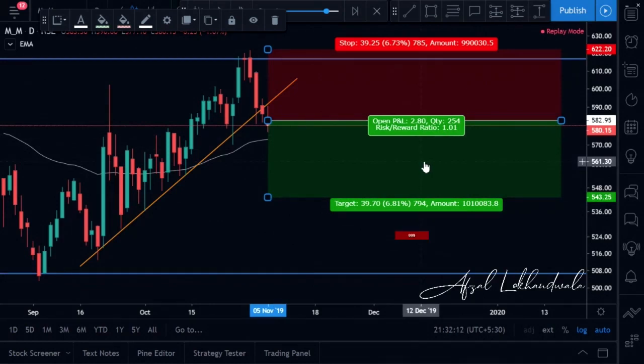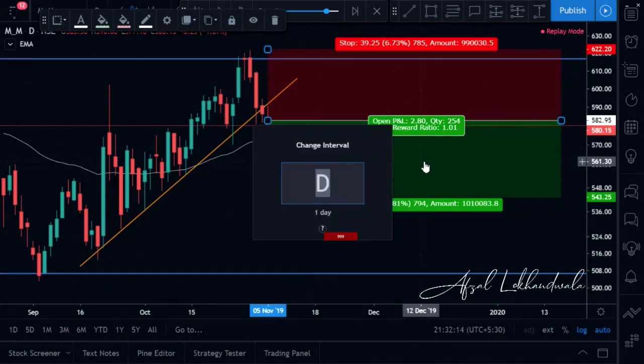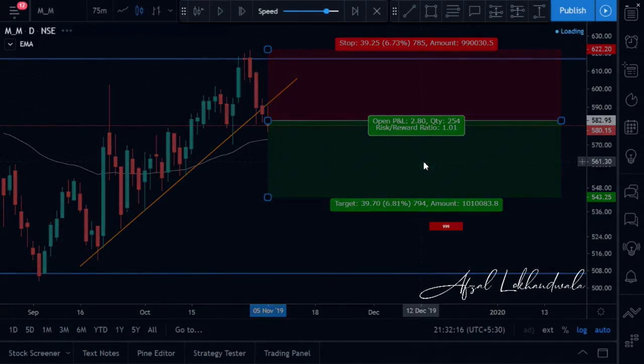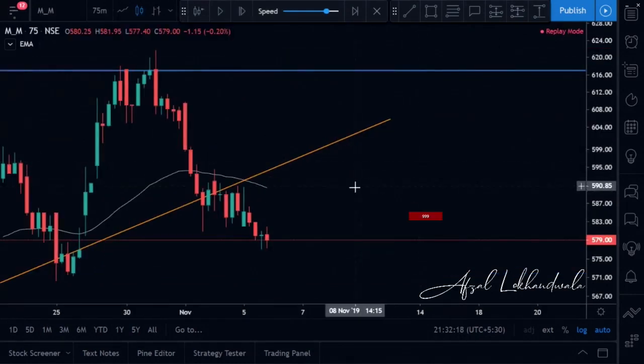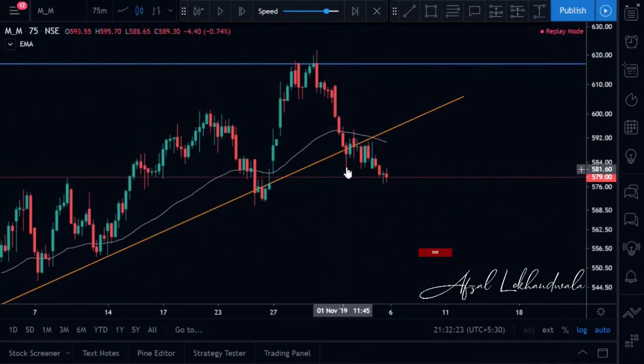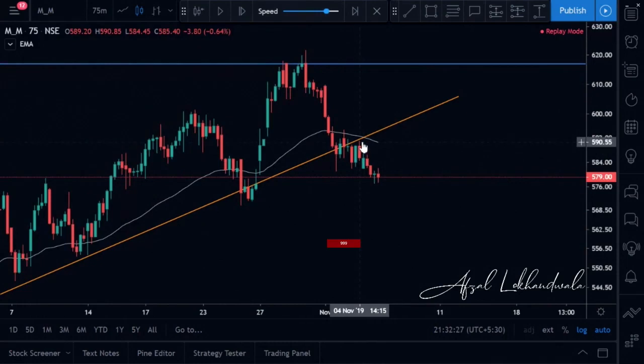Let us now go to the 75 minutes time frame to dig deeper. In the 75 minutes time frame, we see that the trend line has already been broken. Also, apart from the trend line, what is interesting is the 50 EMA is also broken.